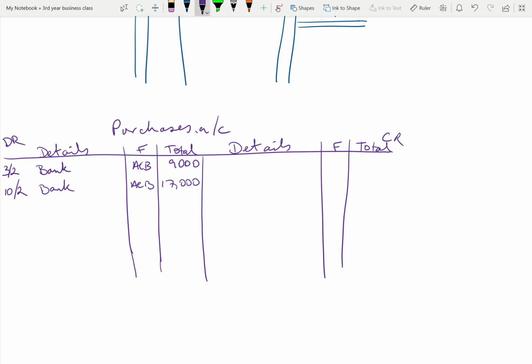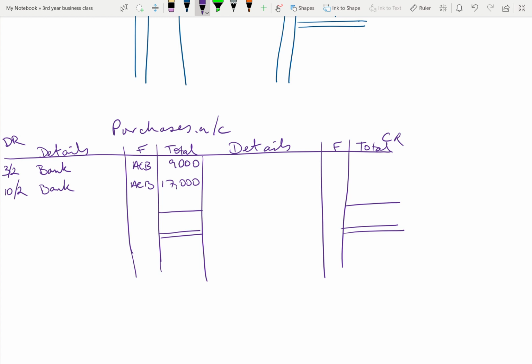So now we need to learn how to balance this account. If you do this by accident, it's fine, but you do need to balance it, because as soon as there's more than one entry, we need to balance the account. So we need to leave a line free, and notice that I have the two lines across from each other. I will draw the double line to indicate the end of the accounting period. What we need to do now is add up the heavier side.